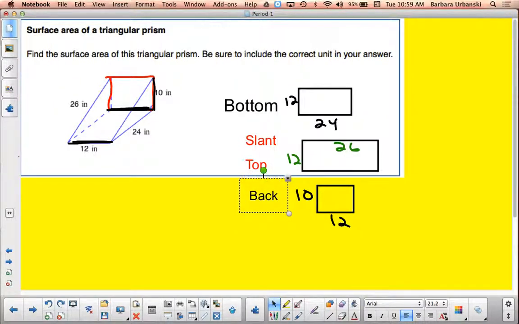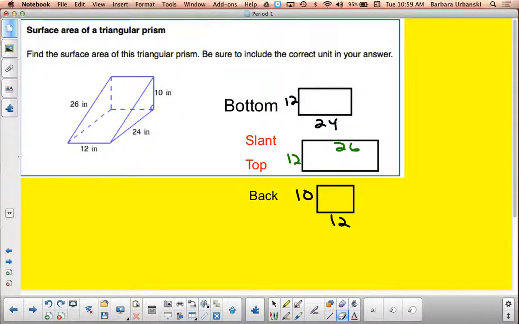And then what do we have left? The only thing that we have left at this point are our two sides. And if we take a look at our two sides, we should be able to tell that we have a triangle. I actually have two of these triangles, one on either side.